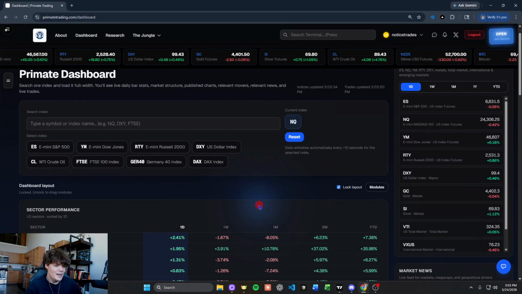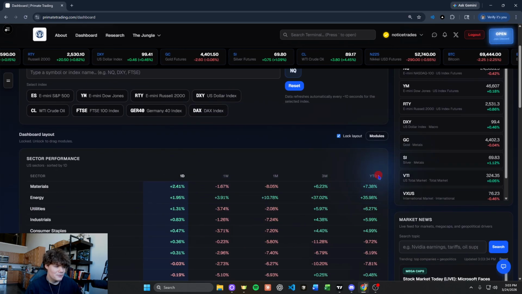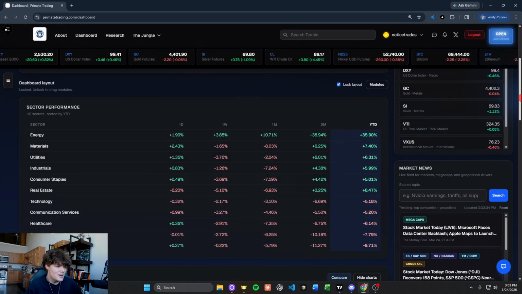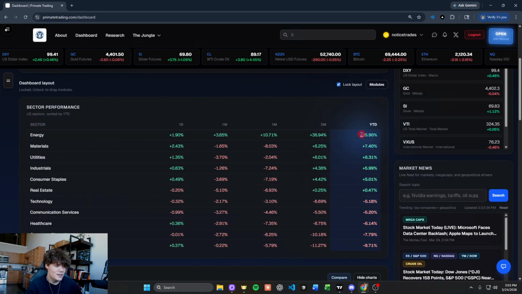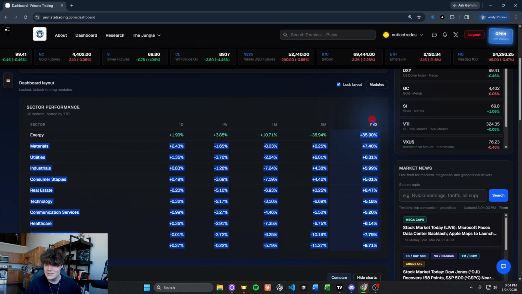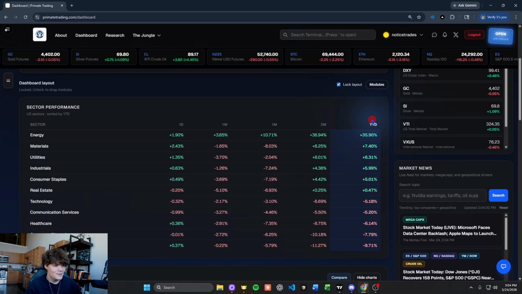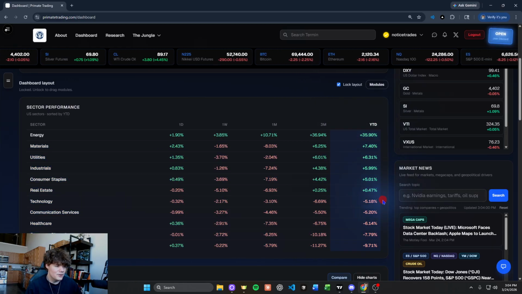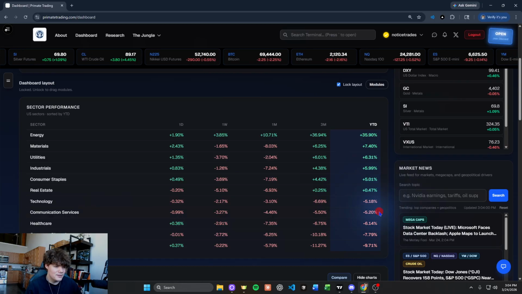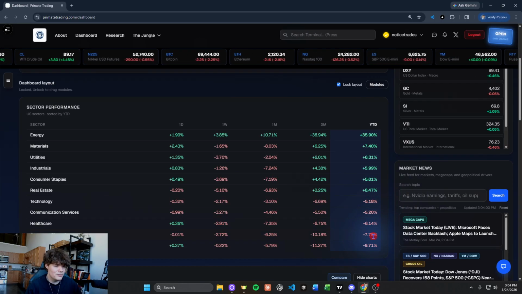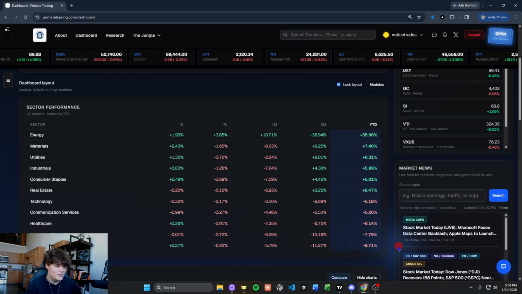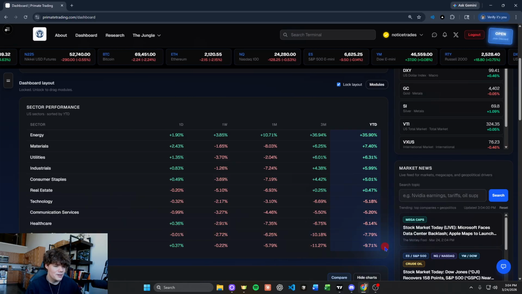And year to date, when it comes to sector performance, energy is kind of the only one that's been doing decently well. I mean, you have materials, but energy has been obviously a big factor in seeing gains this year. Year to date, technology down 5%, communication services down 5%, healthcare down 6%, consumer discretionary down 7%, financials down 9.71%.